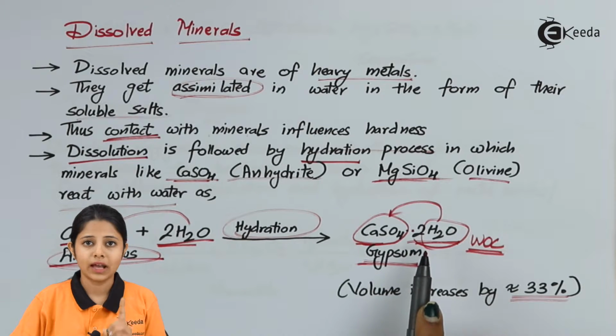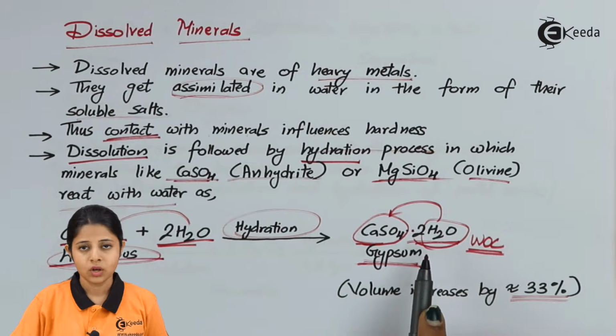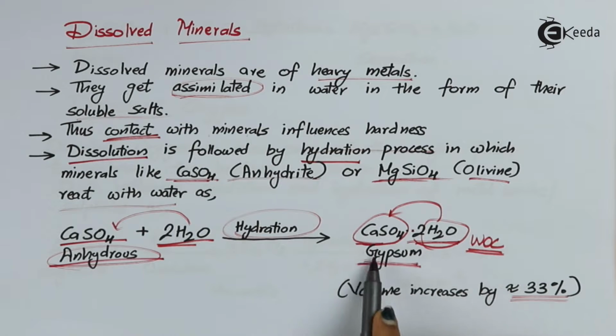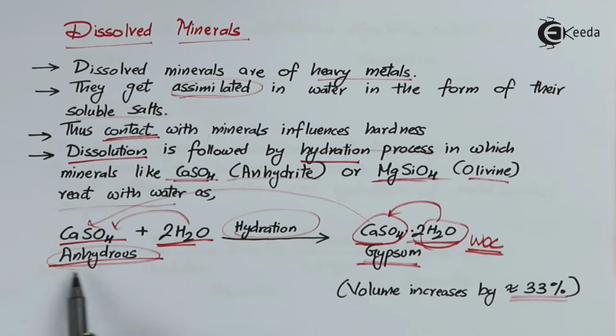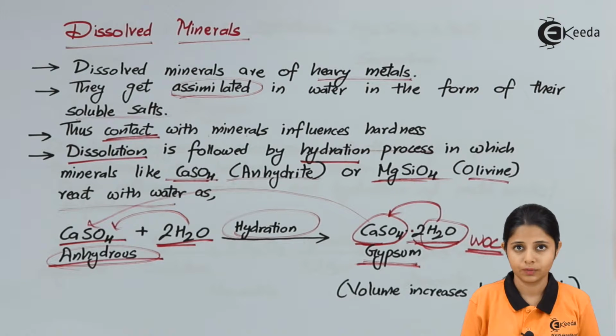The first thing that will happen to CaSO4.2H2O under any reaction is that the water will just evaporate out. Once the water evaporates out, this crystalline gypsum will again get converted into the anhydrous CaSO4, that is powder. So you have CaSO4, you add water to it, it becomes gypsum, which is a crystal. You remove water out of it, it again becomes the powder, that is the anhydrous form of it.